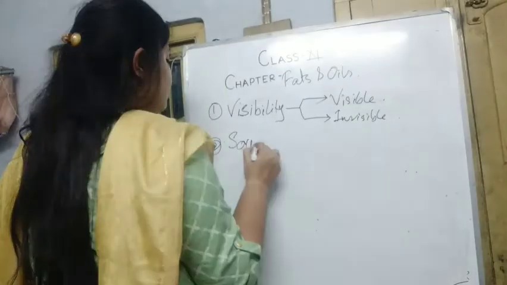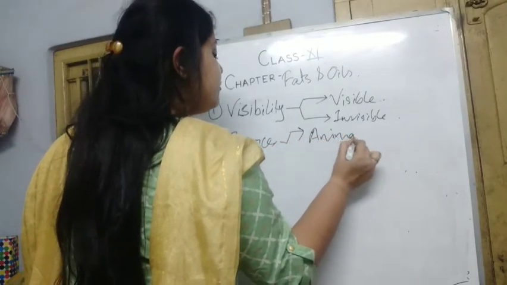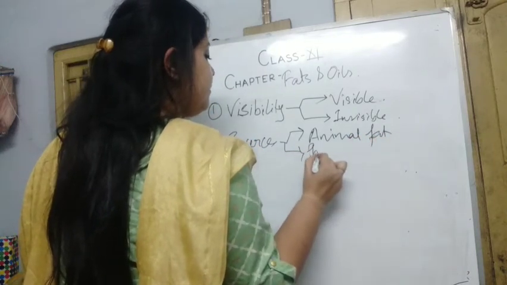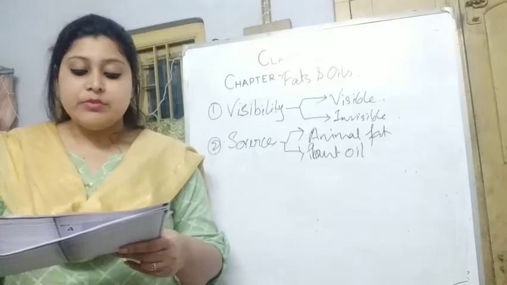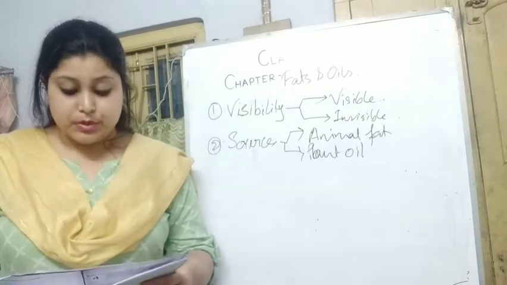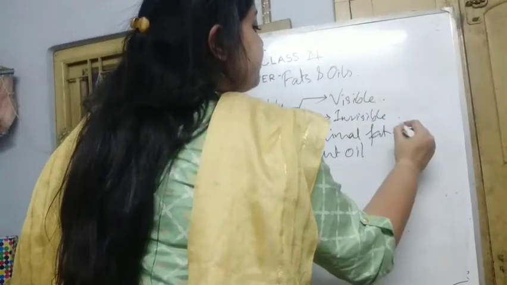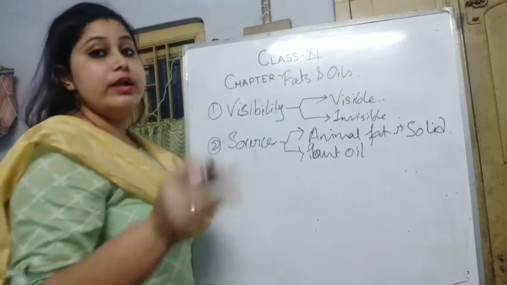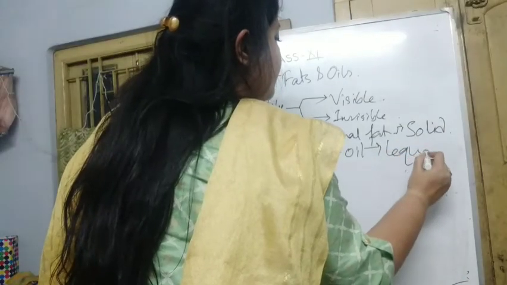The second classification is according to the sources. According to the sources, fats are animal fat and plant fats or plant oils. Animal fats are obtained from animals and are mainly solid at room temperature, but the oils we get from the plants are liquid at room temperature.